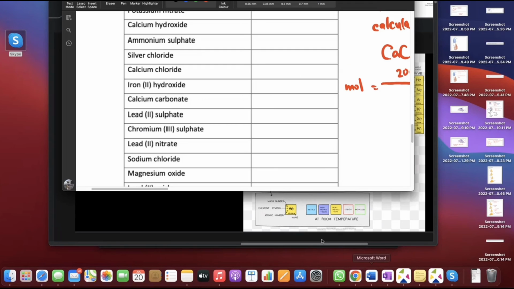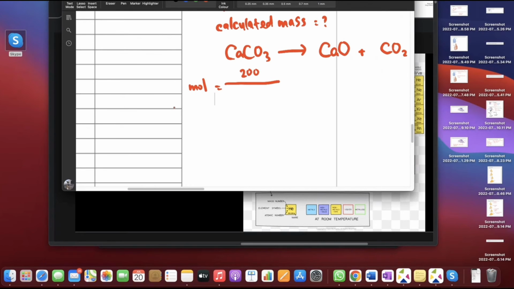Okay, so from the periodic table, we know that calcium takes 40 as the RAM. You can see it from here, calcium. Okay, so let's continue. So calcium, the relative atomic mass is 40. Carbon, I know already, is 12. Oxygen is 16. So 3 oxygen there, 3 times 16. Okay, so I find out the mole first. So 200 divided by 40 plus 12 plus 3 times 16.